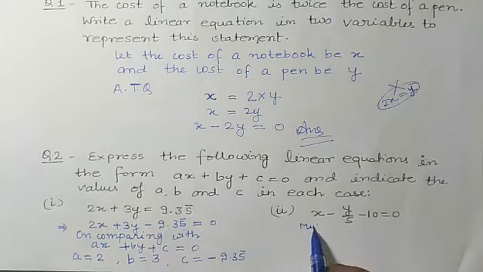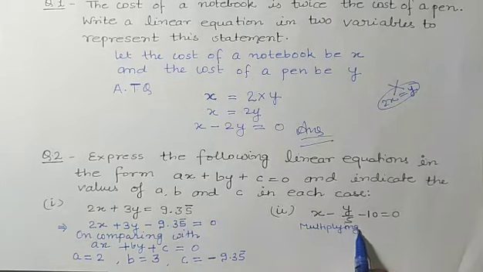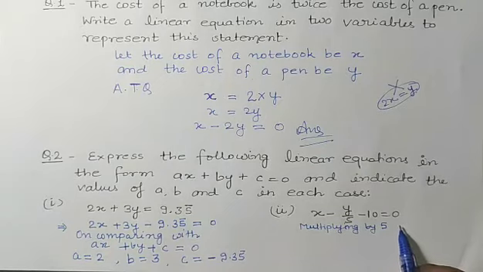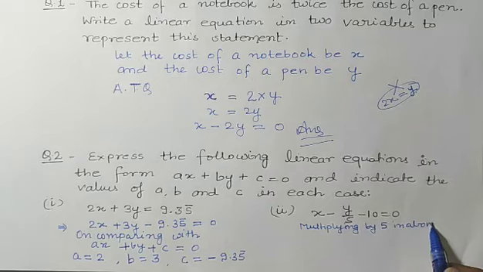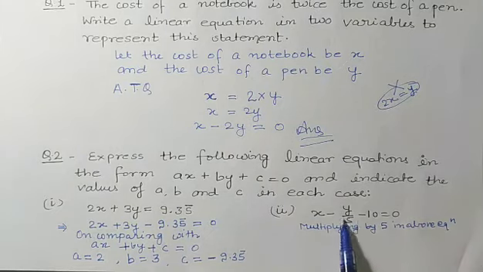Just multiply by 5 in the above equation. Why? Because this 5 is in the denominator, and we want to remove this 5 from the denominator. For that students, we have to multiply by 5 in the above equation.